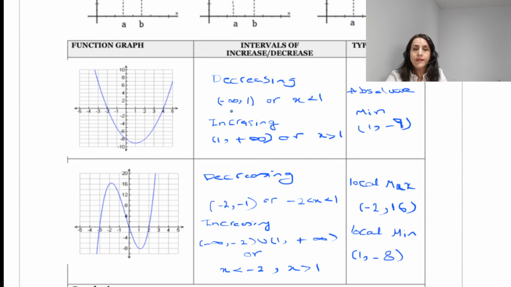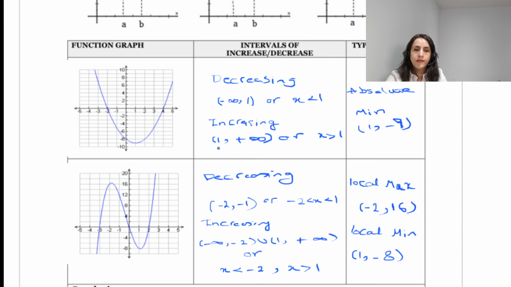I can write this interval in two different notations. One of them is interval notation, from negative infinity to 1, or you can write it as an inequality, x is less than 1.